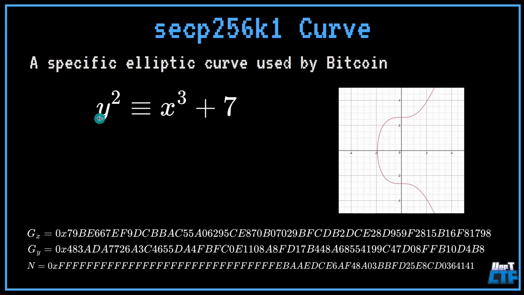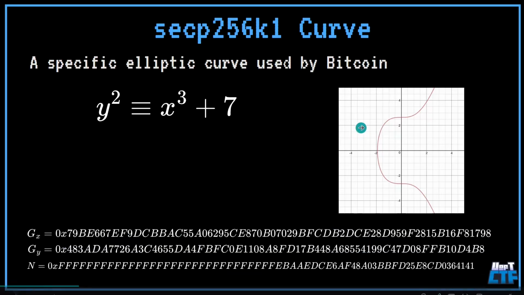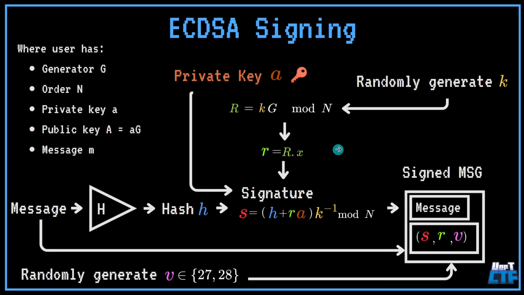The curve is y squared equals x cubed plus 7, the generator point is this giant point here, and the cycle length is this super long cycle, and it's prime as well. They found it has a lot of very nice properties.